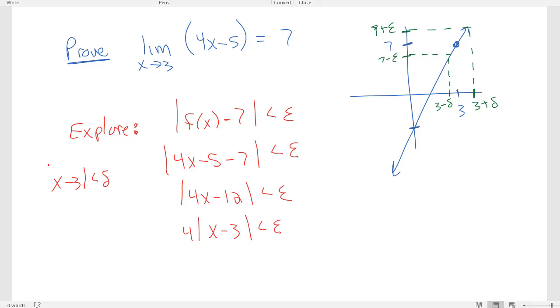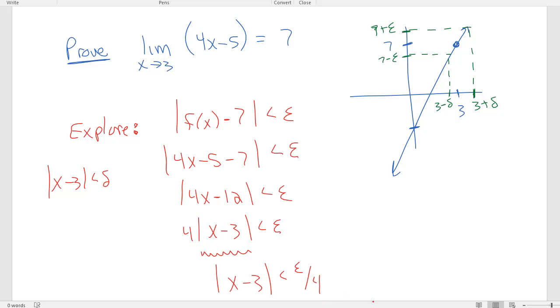Visually, come back over here again, we want a distance of delta from the number 3. So we want my distance, x minus 3, to be less than delta. And I can see right here, here's x minus 3. So if I divide by 4, we can see that the distance we need to be from the x value is epsilon over 4.